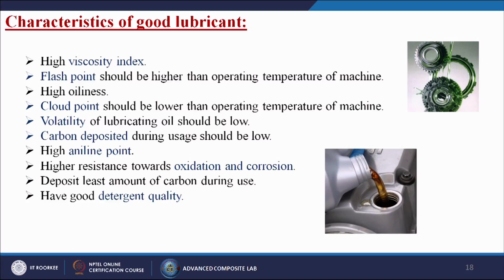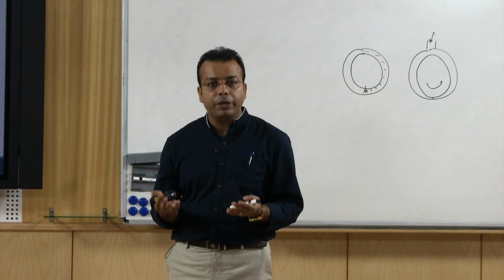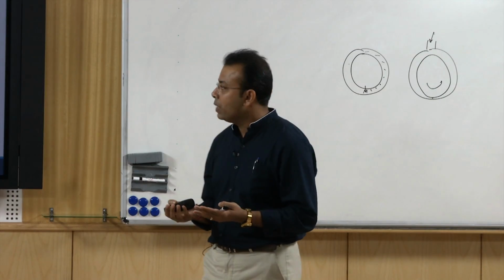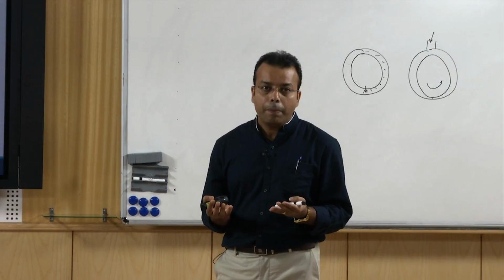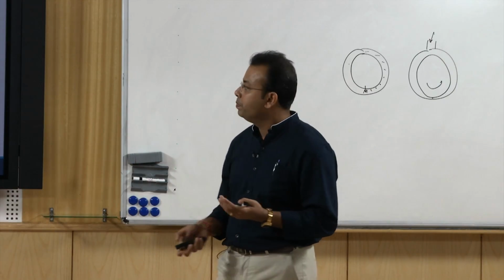Flash point should be higher than the operating temperature. Flash point means its burning temperature should be higher than the temperature generated due to friction between the mating parts, otherwise it will itself burn or melt.